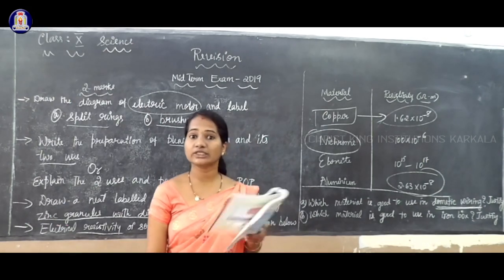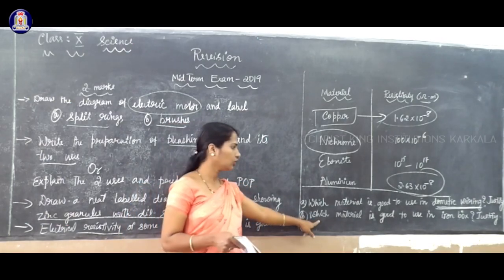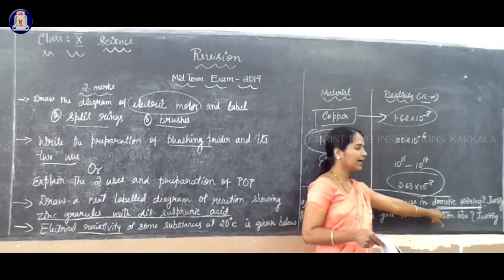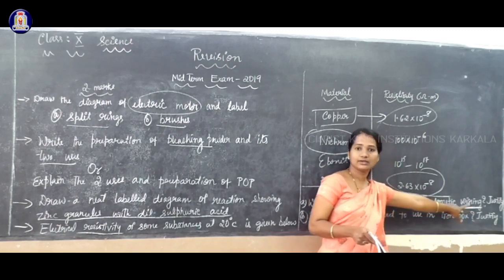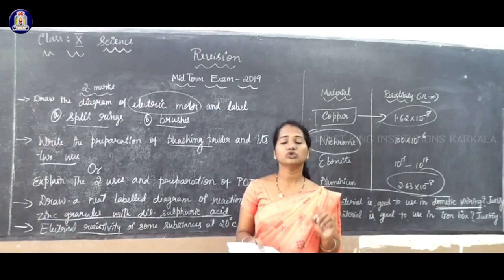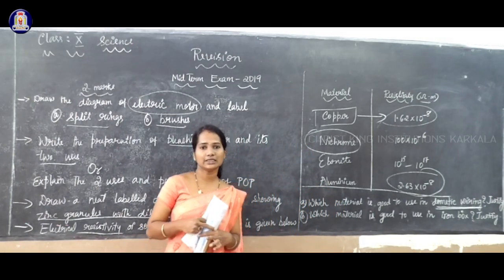Therefore, which material is used in the iron box? Nichrome, because nichrome is an alloy which does not oxidize easily at high temperature. That is the reason.